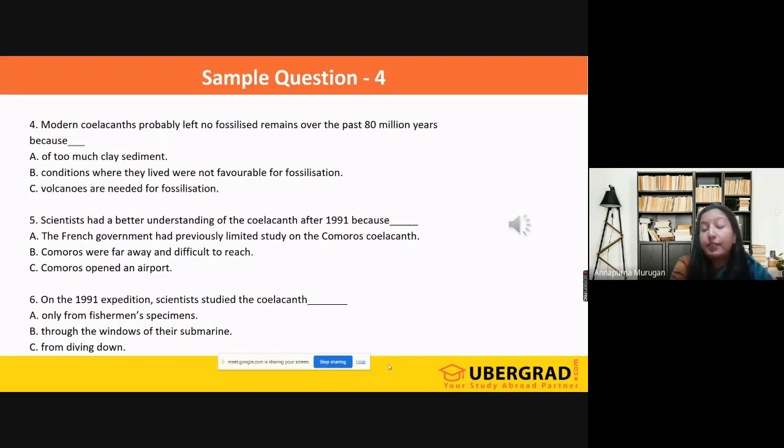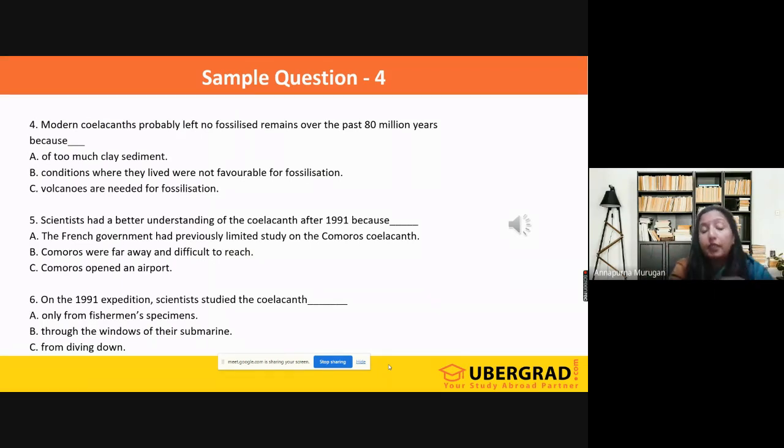Now let us understand the fourth, fifth and sixth questions. Okay, modern seas probably left no fossilized remains over the past 80 million years, because, that means they are saying modern sea actually did not leave any fossilized remains. Why is that?